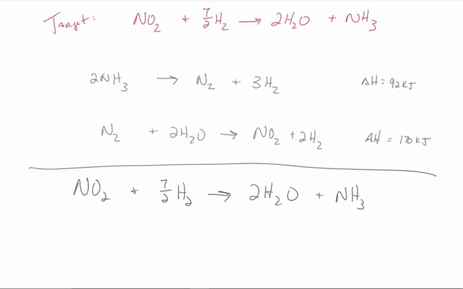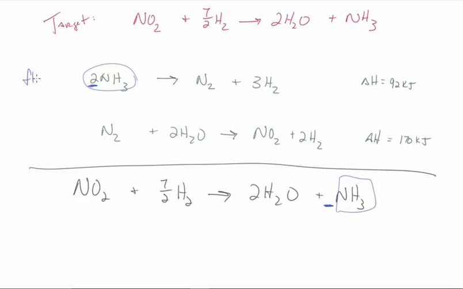So again, first thing I'm going to do is start taking a look at my products. So NH3, I'll notice that NH3 is over here on the reactant side, so I'm going to have to flip it, but then also I notice that the coefficient is incorrect. In my series of reactions, I'm showing 2 moles of NH3, and then I actually only need 1.